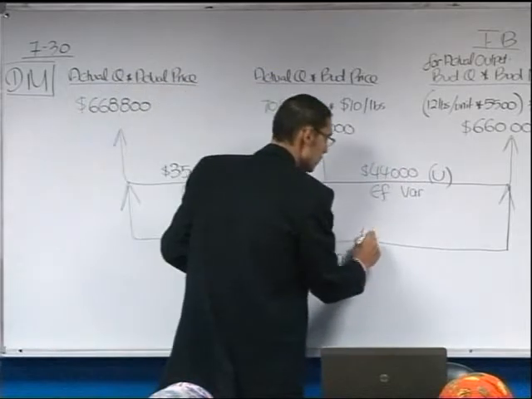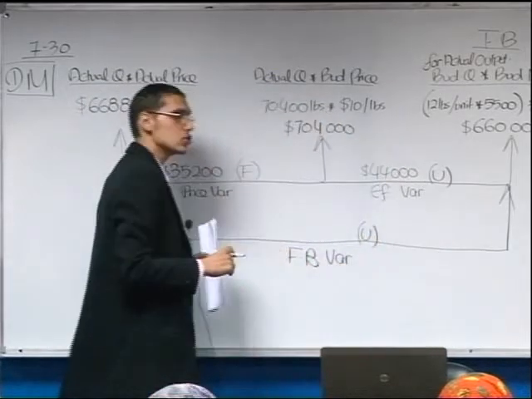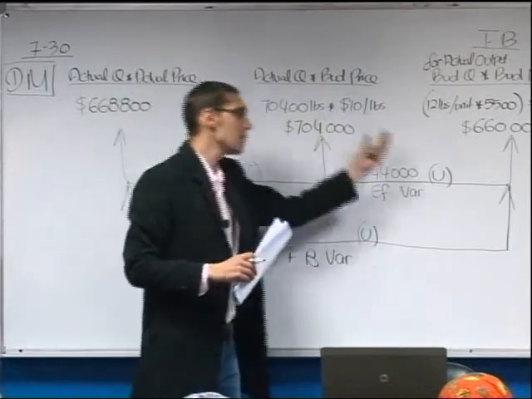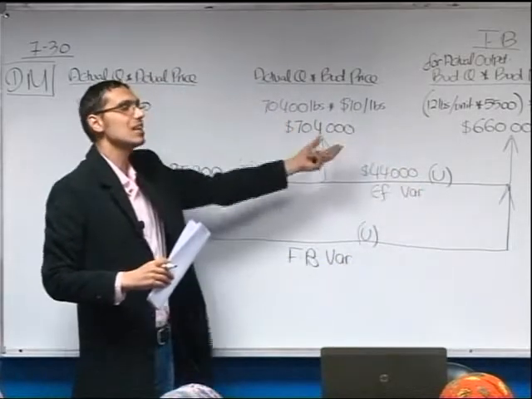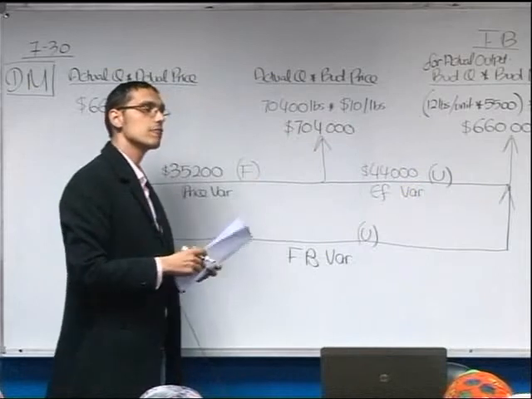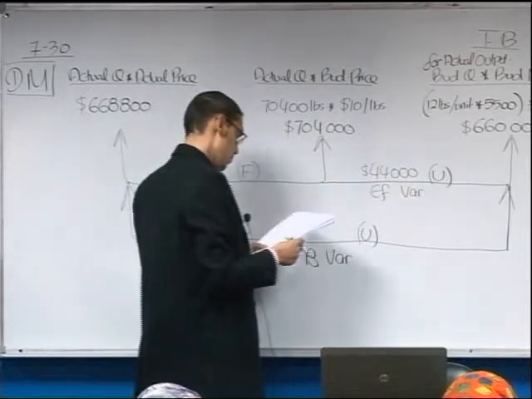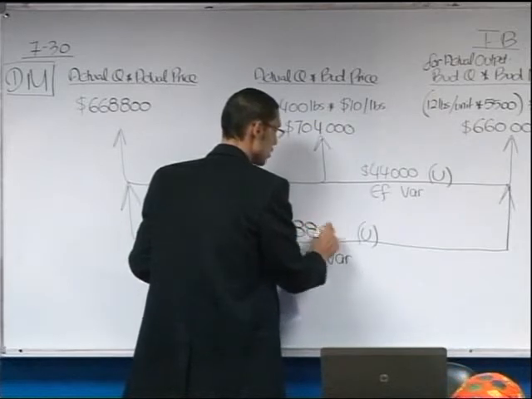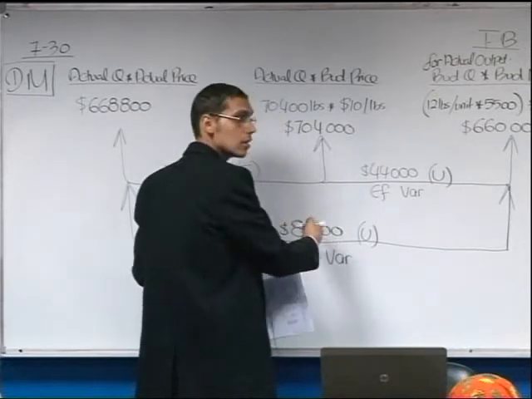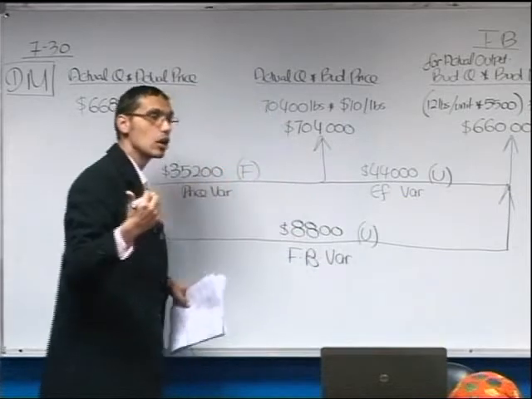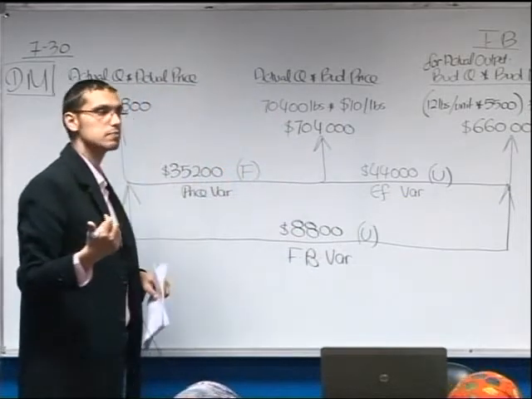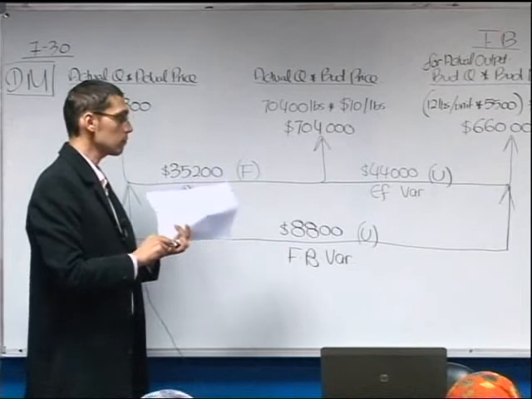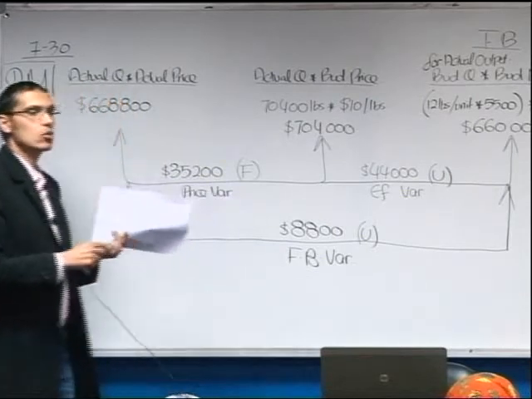Therefore, we will have an unfavorable flexible budget variance. Since we have unfavorable and favorable, we need to deduct each from the other. Therefore, it would be $8,800, which is the same amount that we calculated in our level 2 analysis. Any questions?